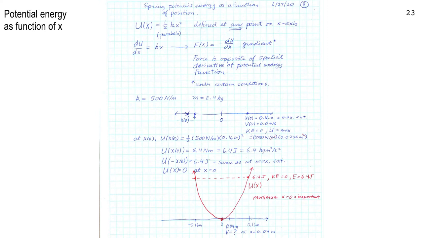All right, so let's do a little problem here for the next few minutes. Let's do an oscillator problem with k equal to 500 newtons per meter.